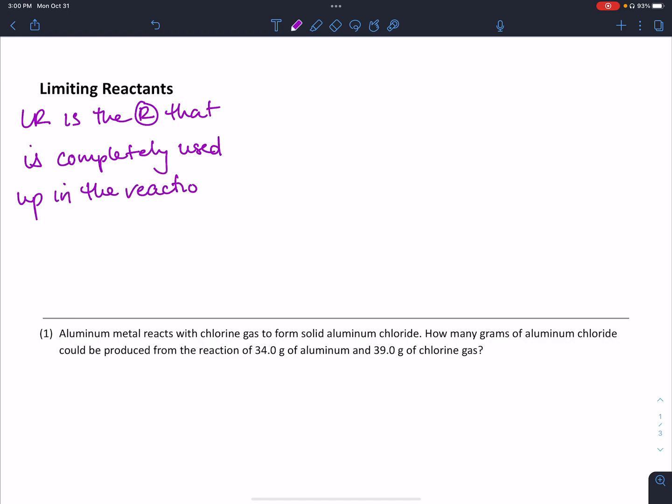We used grilled cheese sandwiches, we talked about s'mores, but basically when you make anything with a recipe, if you run out of one of the ingredients, that's going to limit the amount of baked goods or whatever you're trying to prepare that you can make. All right, same thing in a chemical reaction. Once this reactant is gone, that reaction is going to stop.